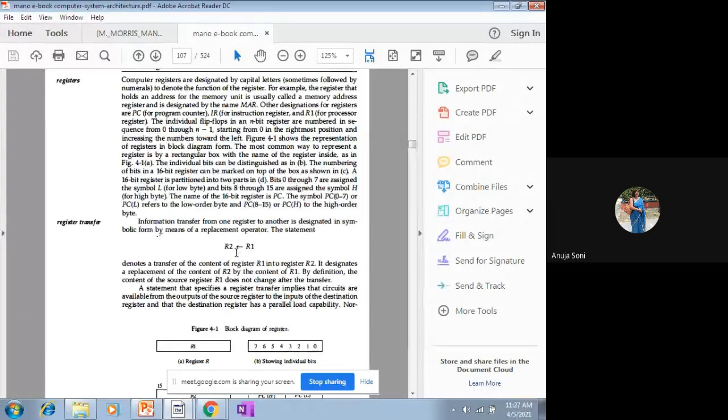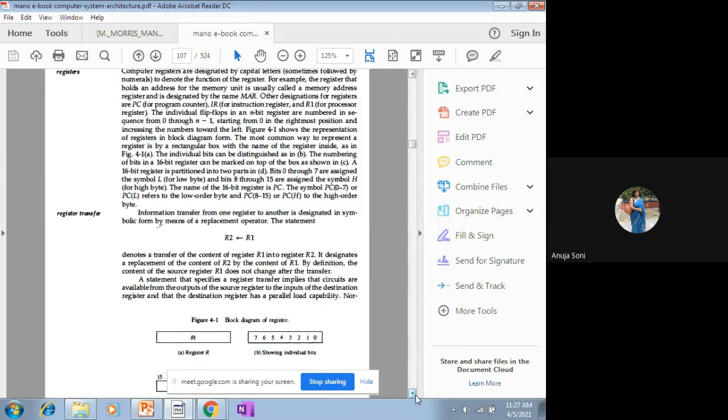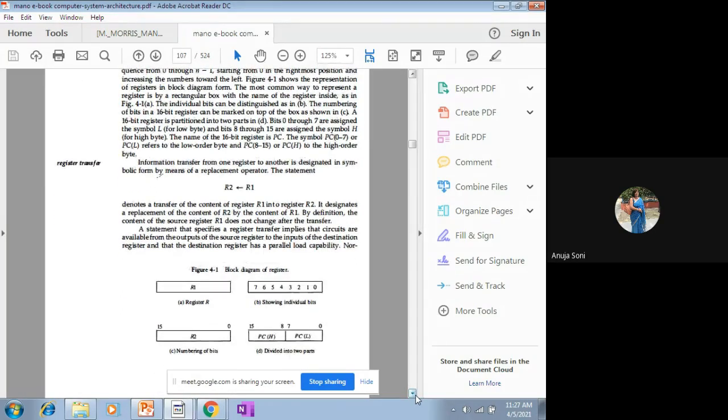This arrow mark will be used, and the arrow will go in the direction of the destination register, and it will begin from the source register. So it means that the data from register R1 will be transferred to register R2. This is one of the symbols used to describe register transfer language.